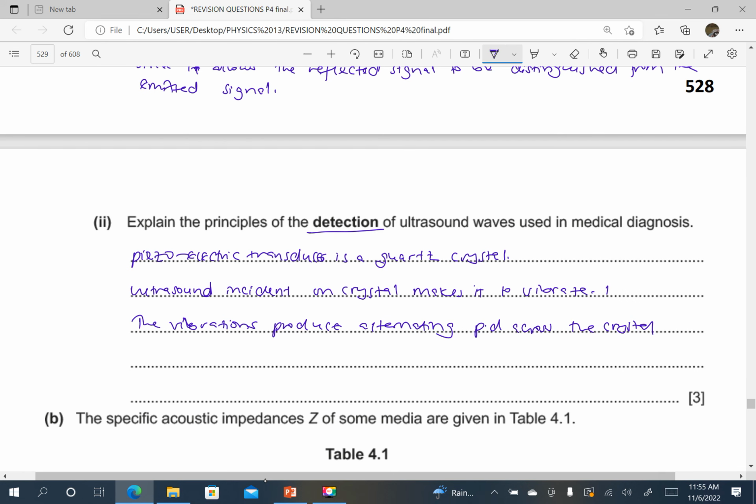The vibrations produce alternating PD across the crystal, which can be processed by electronic circuits into an image.